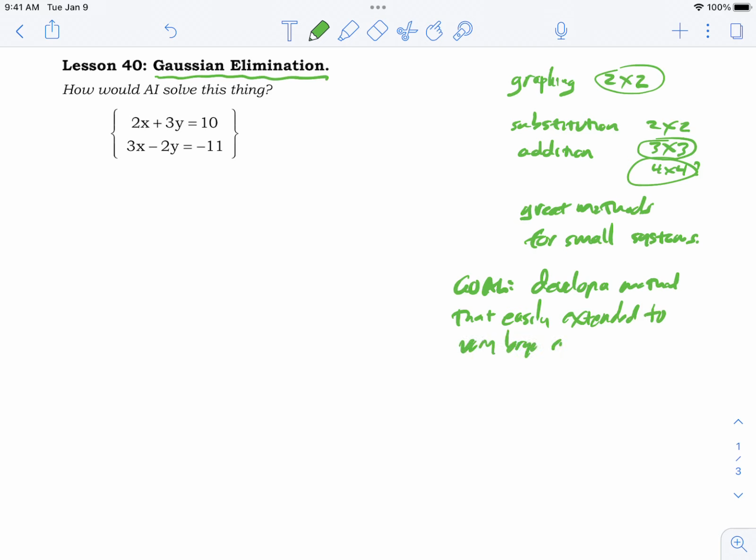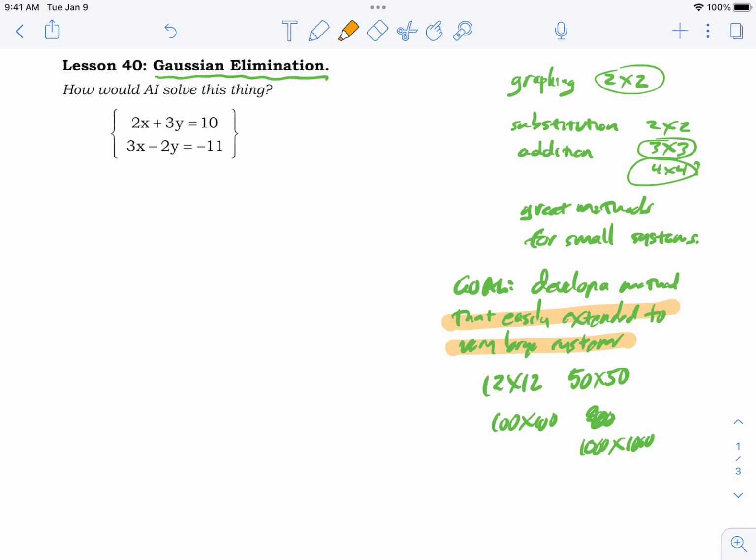Things like a 12x12, or maybe a 50x50, or maybe a 100x100, or maybe even a 1,000x1,000. I was going to say 9,000x9,000, but maybe 1,000x1,000 is about as high as you'd want to go with this. There are other methods you could look at, but anyway, we want to develop a method that is easily extended to very large systems.